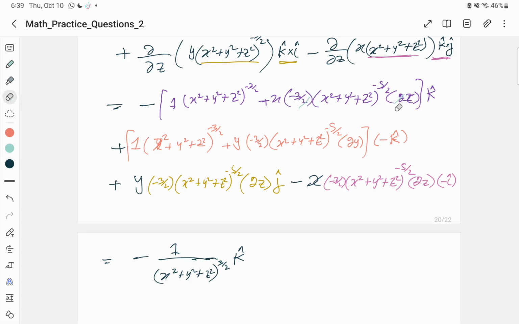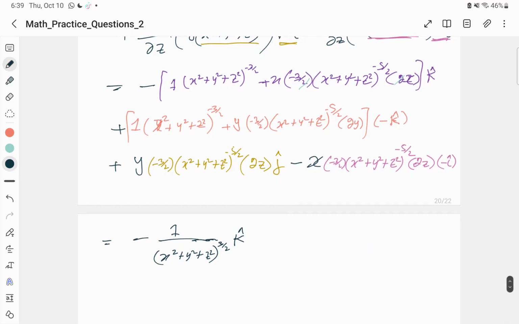From here I have x, and from here I have x, that will become x square, so this is negative 3x square, but there was a negative in the beginning, that will be positive 3x square divided by (x square plus y square plus z square) to the power positive 5 by 2, and this is also a k component.